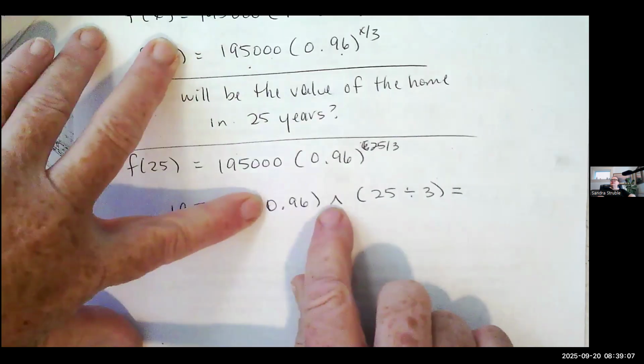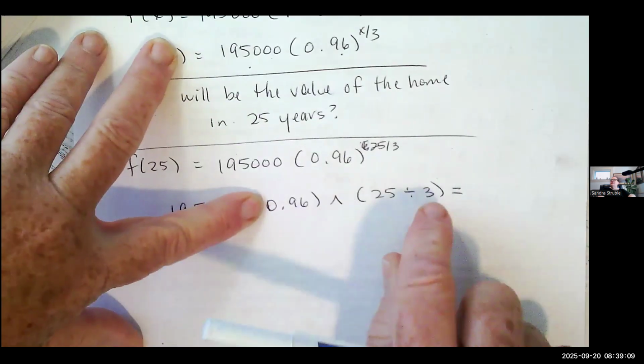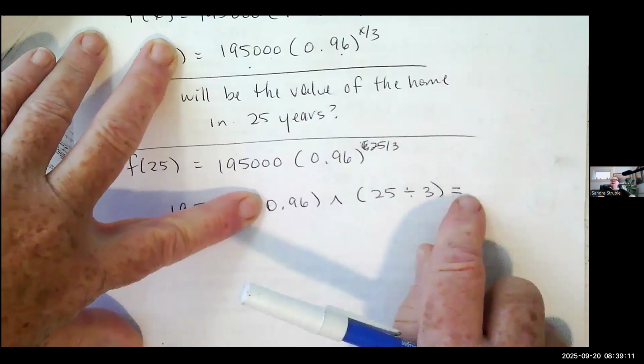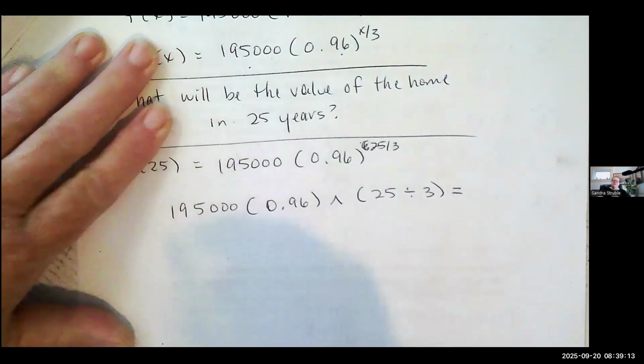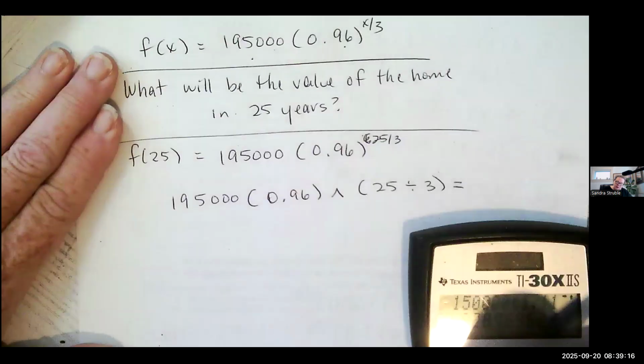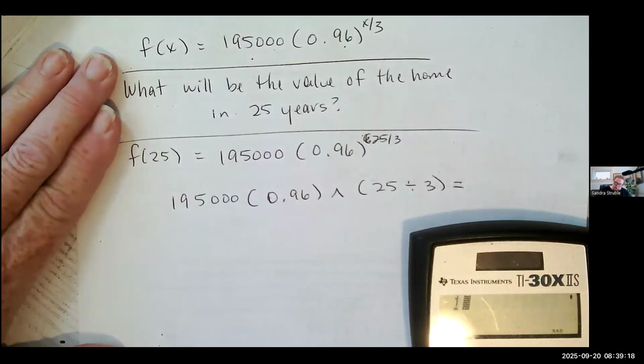You don't need the parentheses for this one, but you do for this one. 25 divided by 3 equals, and then times 195,000. All right, but you probably already knew that. 195,000, parenthesis, 0.96, close, caret, open, 25 divided by 3, close, equals.